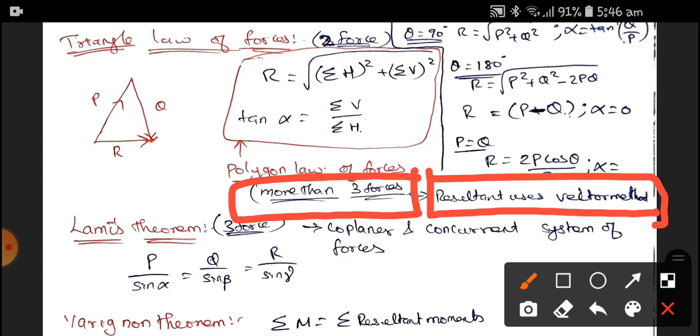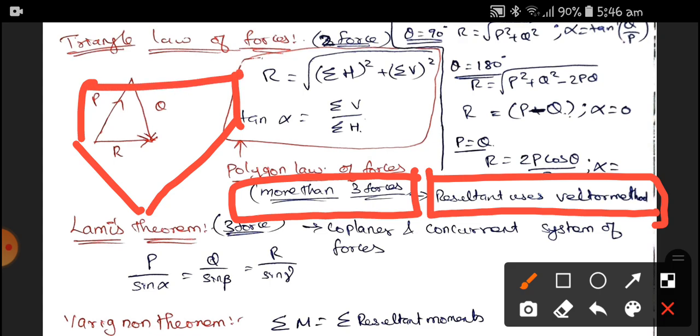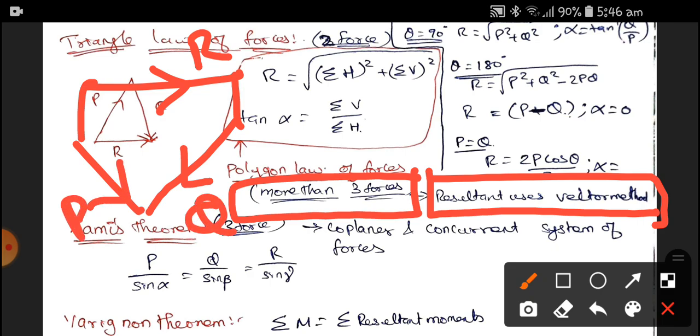When more than two forces acting on a rigid body are considered as sides of a polygon in a particular sense, the closing side of the polygon gives the resultant of the forces in the opposing sense. So these are all my forces acting on the rigid body, and this closing side becomes the resultant.